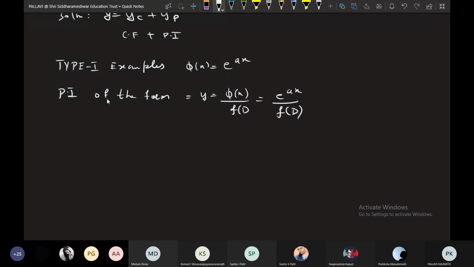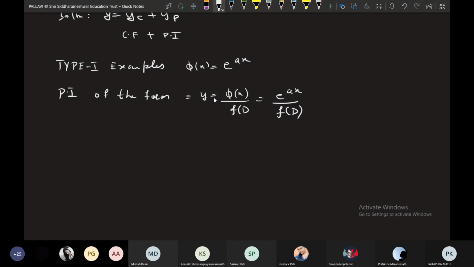Finally we will take the sum of complementary function and particular integral, but here only the second half of the example: first half is finding yc, second half is finding the particular integral.